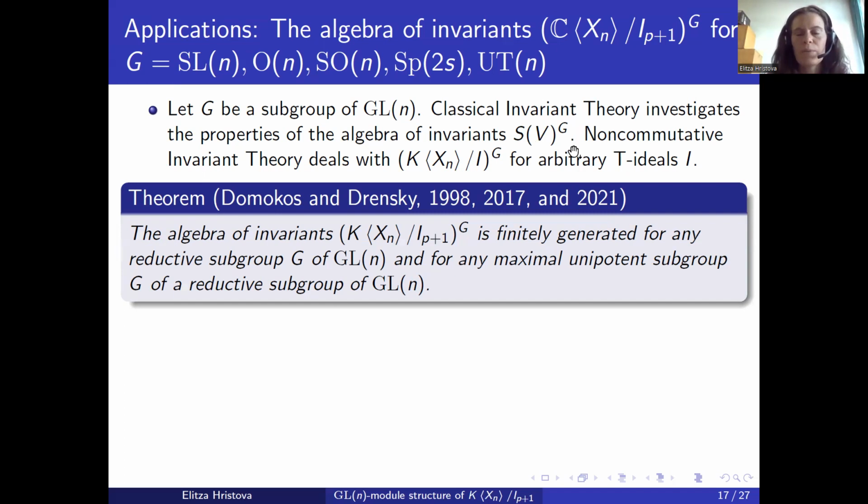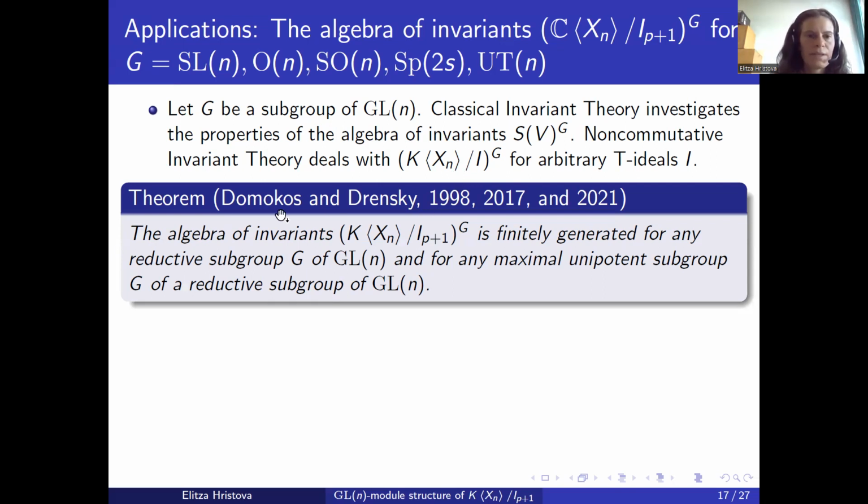Now, one way to do non-commutative invariant theory is to replace the symmetric algebra S(V) with the relatively free algebra K of xn mod a certain T-ideal I, and then ask the same question: when is this algebra of invariants finitely generated?